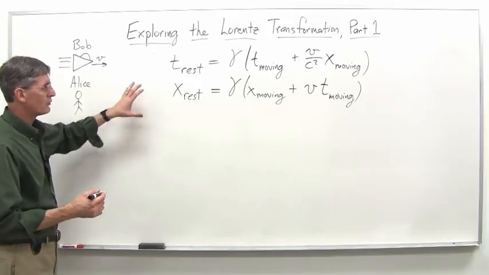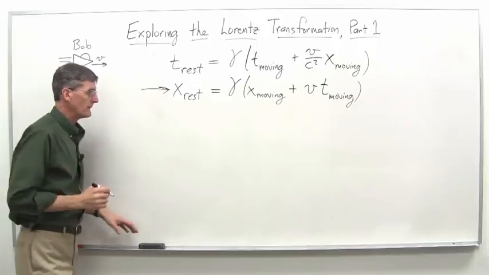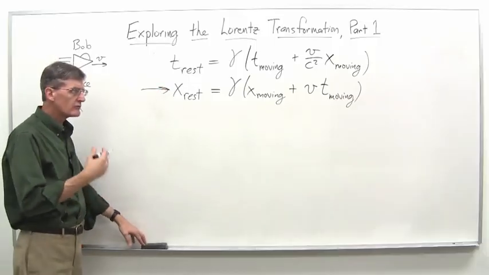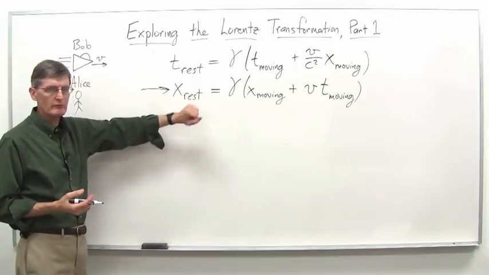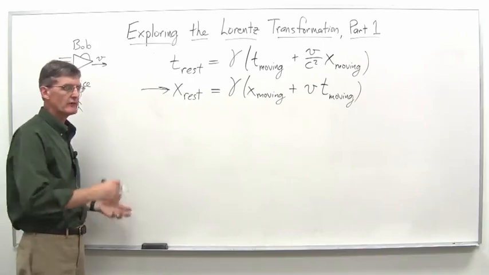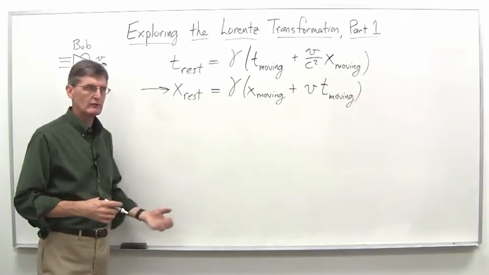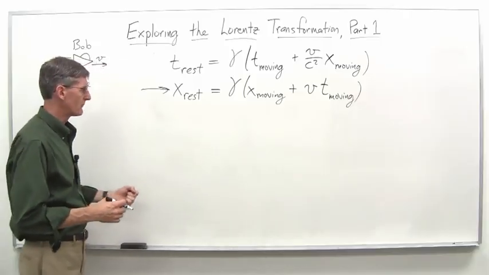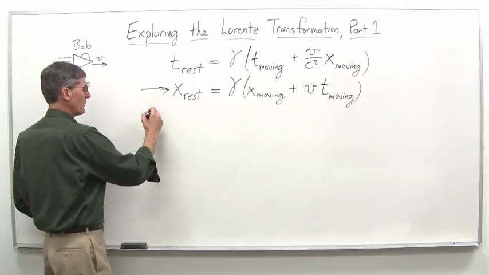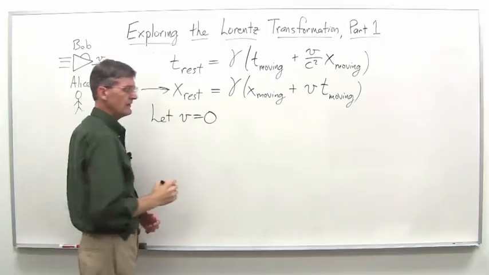What we want to do in part one of exploring this is focus on this equation here and see what happens when we put in some different values, to see if the results make sense based on our previous understanding of things like length contraction. To start off, let's say v equals 0.